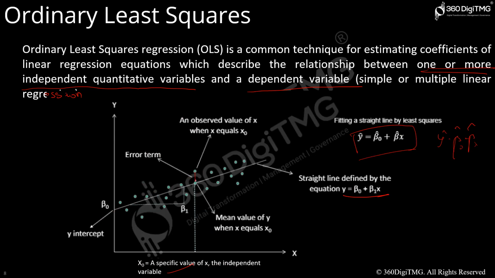So these are the data points. So this value is a mean value of y where x equals x naught. We already saw what x naught is.